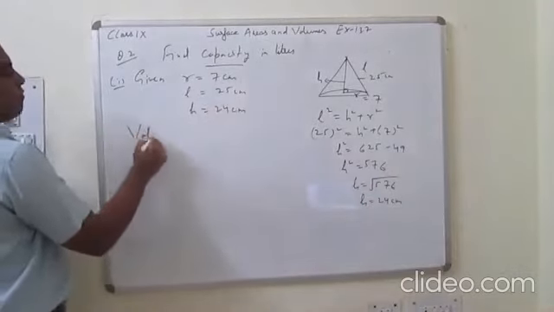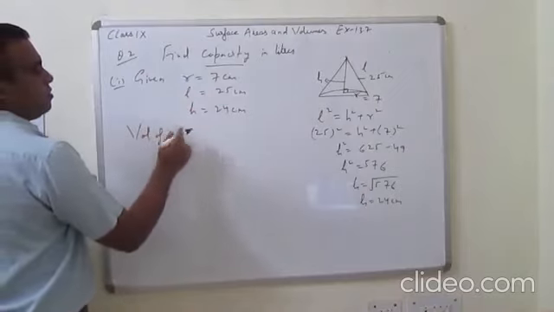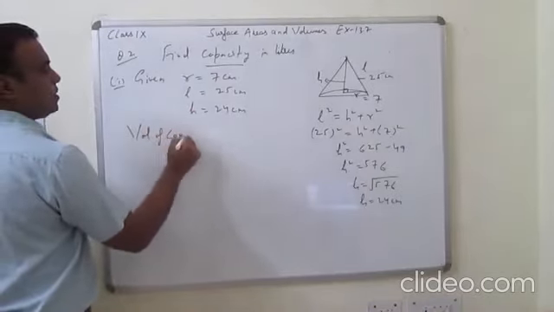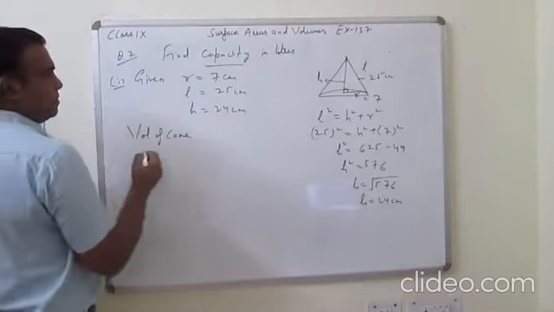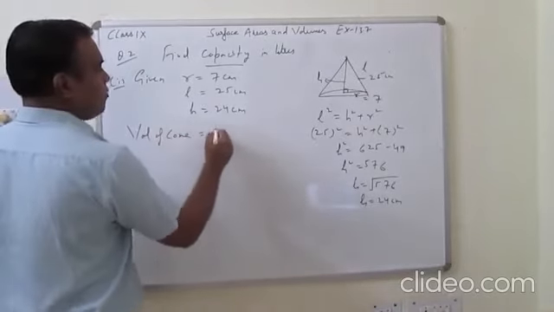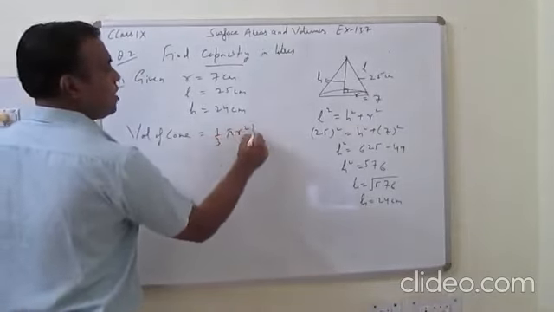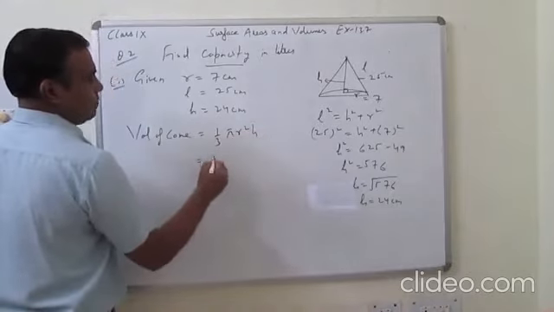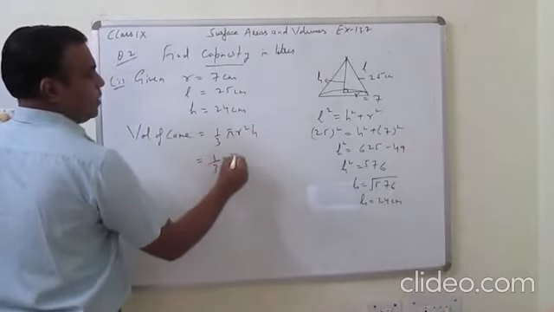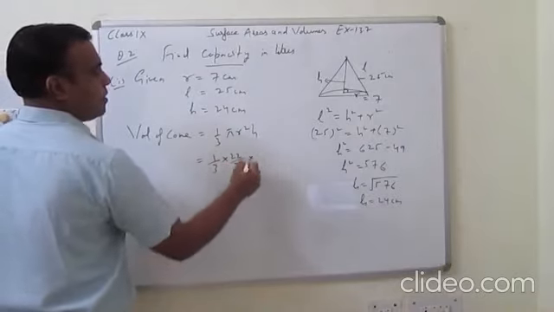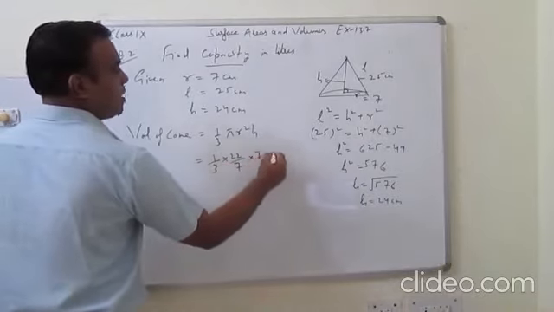So volume of cone or capacity we will find in liters. So volume of cone is 1/3 pi r square h cubic unit. 1/3 into 22/7. What is r? 7 into 7.